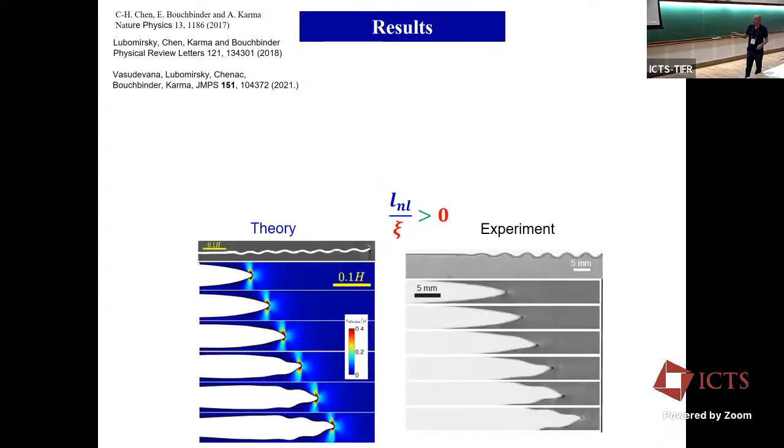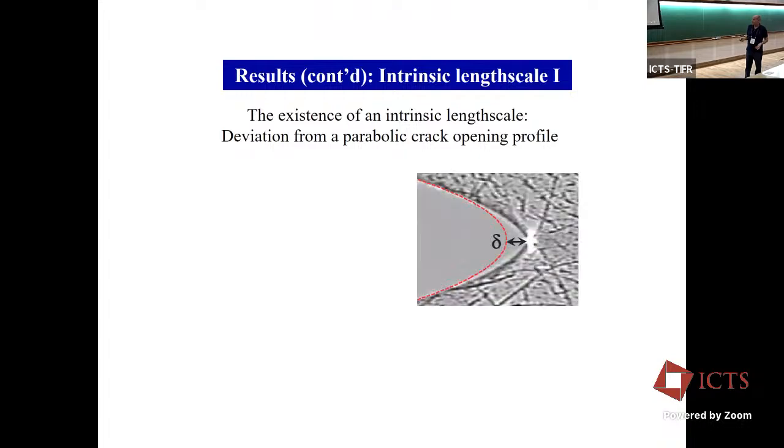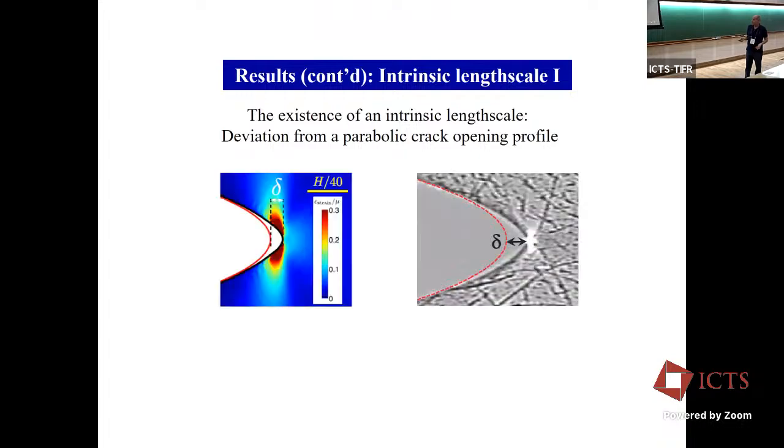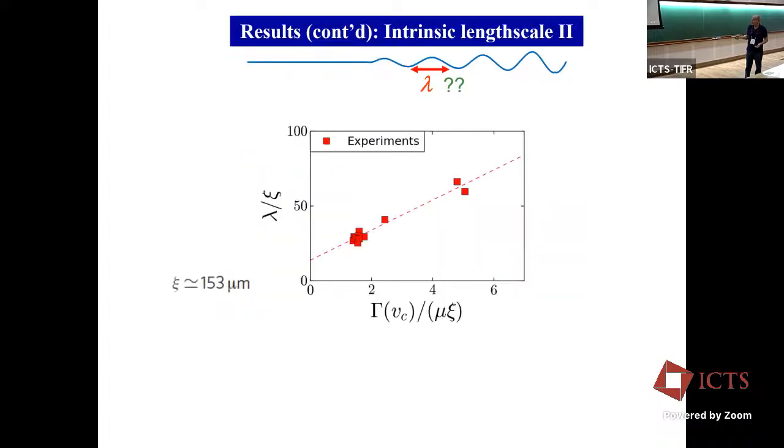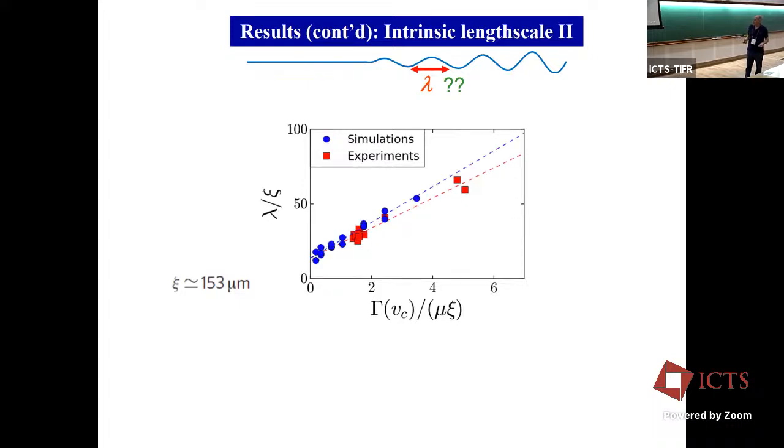We have the theory and the experiment, and they look qualitatively the same. And then quantitatively, they see the same delta, or the distance from the crack tip. These are some of the experiments that we had for a given material, scaled by the dissipation size. And these are the simulations, so they agree very well.